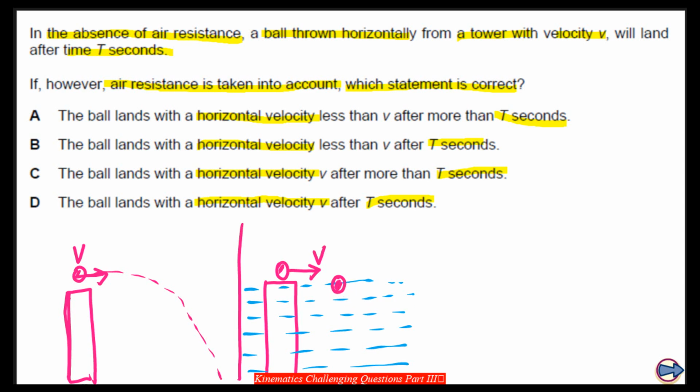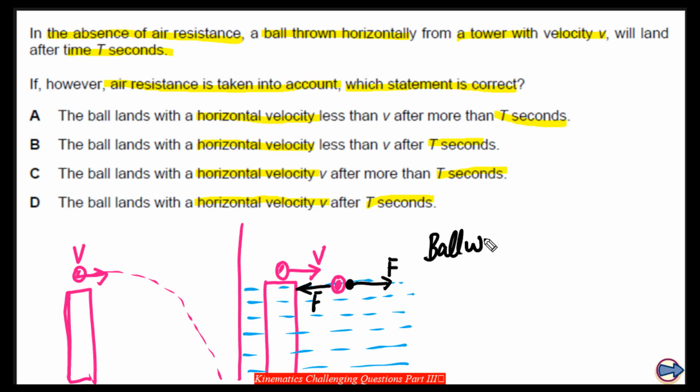Let's say there is one air particle here. Because the ball has a horizontal component of velocity, it will push this particle to the right with force F. This particle will push the ball to the left with the same force F.